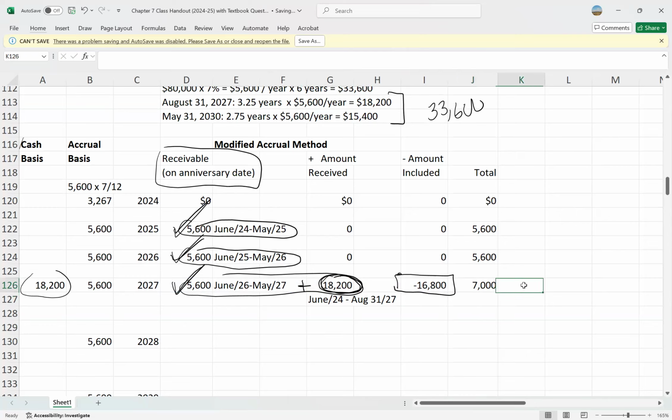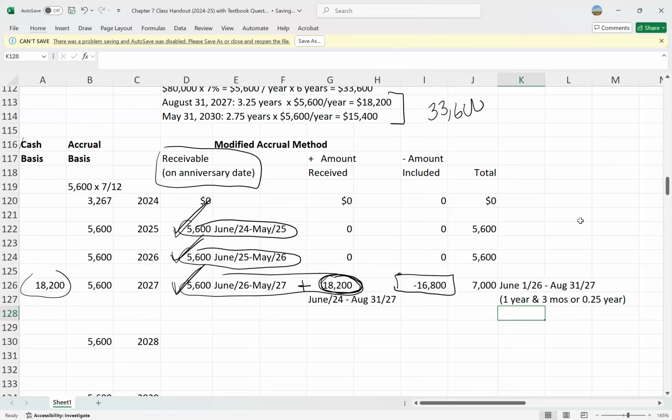$7,000. This $7,000 represents the amount from June 1st, 2026 to August 31st, 2027. It's for basically 1 year and 3 months, or a quarter.